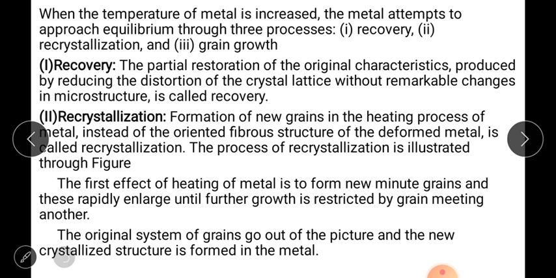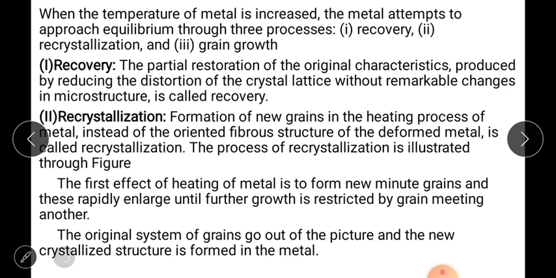And we will have to study the recovery, recrystallization and grain growth from the molten phase of the metal to the solidification of that molten metal. Now, what is recovery?